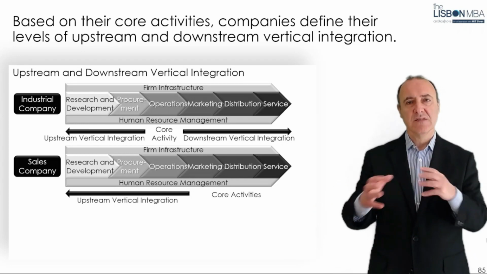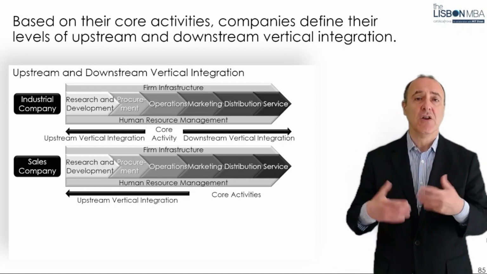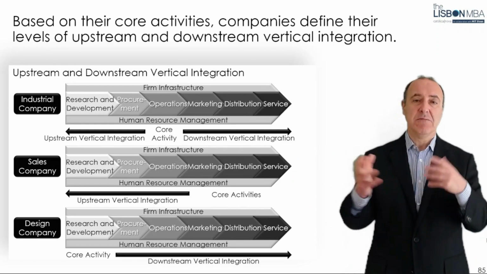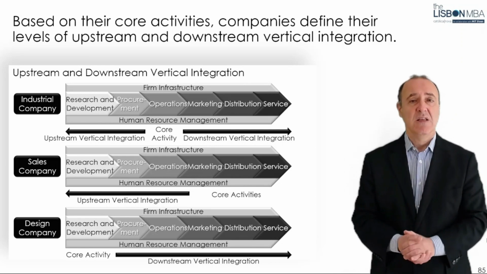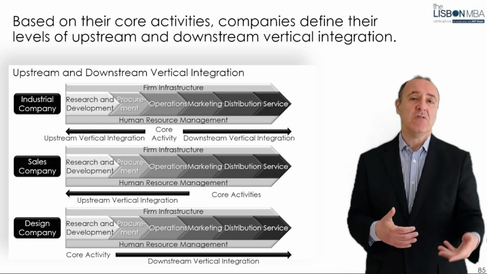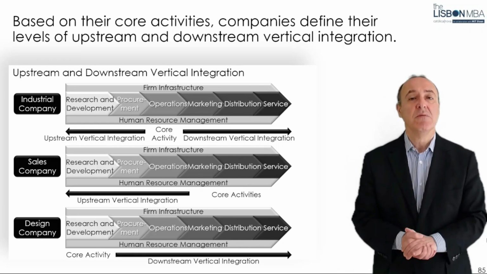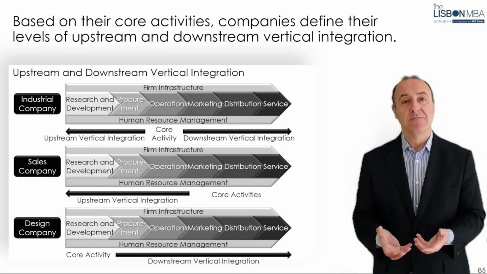So they do some upstream vertical integration, but not all of it. And if, for instance, you're a design company, you design products, you can think about actually manufacturing those products and eventually selling those products in your own stores. That would be a gradual increase in downstream vertical integration. So those options are all there for any company.